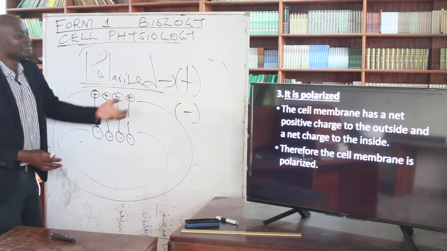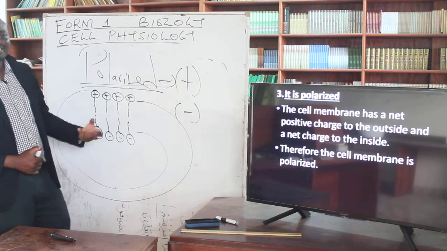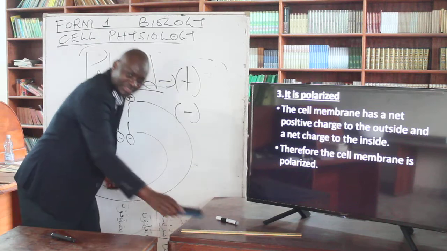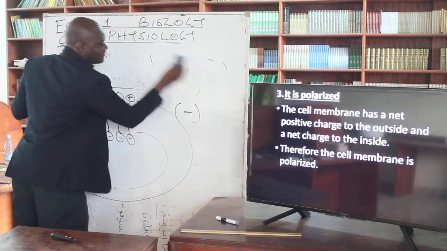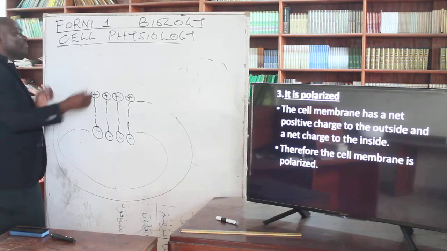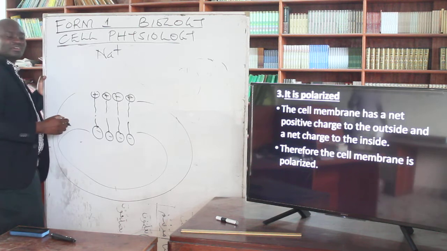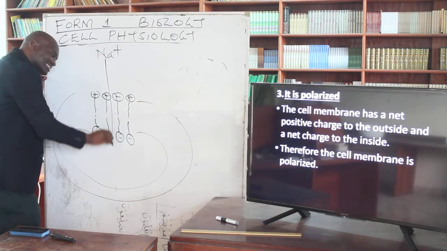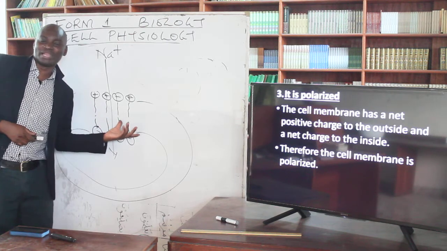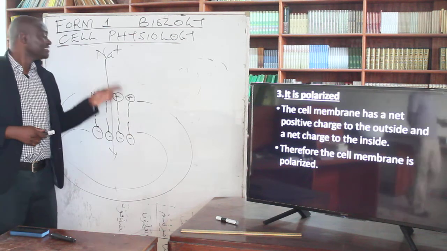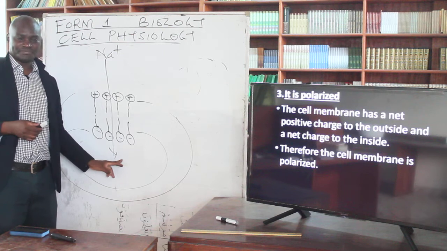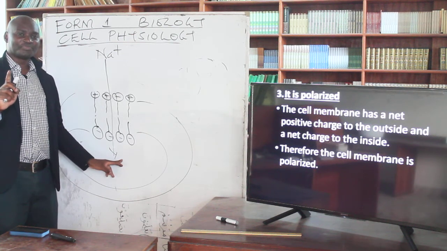Now, how is this one important? The polarization of the cell membrane helps when it comes to the movement of ions and polar substances, like for example sodium ions. For these particles to move into the cell, if the cell membrane is not polarized, then these substances being polar cannot pass across. In other words, let me make it simple.